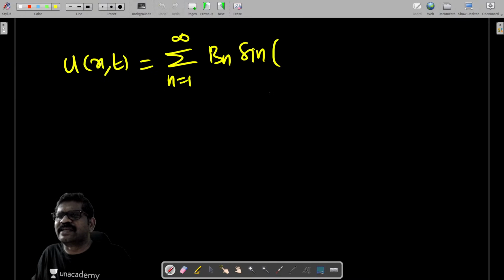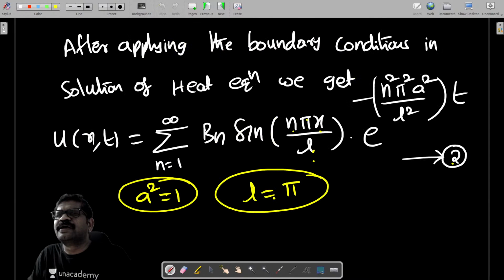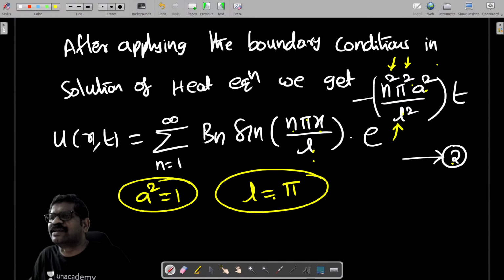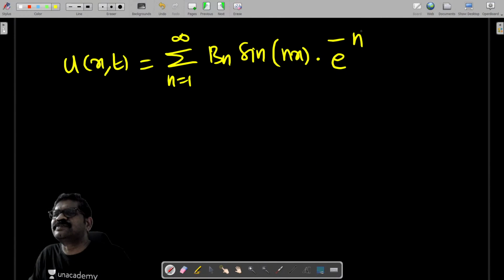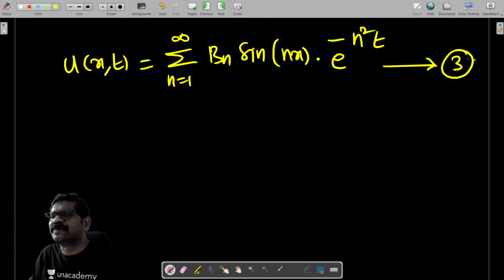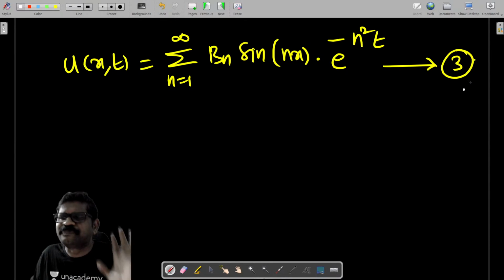So sin nx e power minus, observe here, n square pi square. Here L square is pi square. So pi square cancel. A square is 1. Therefore n square t. Therefore e power minus n square t. Called it equation 3. Now equation 3 is solution of equation 1.